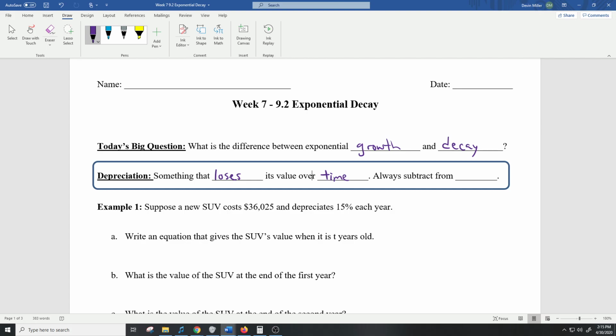Whenever you do this, we're always going to subtract the number they give us from 100%. So it'll give us a depreciation of a certain percentage, and we subtract that from 100% to see how much value it's actually holding over time. And you'll see how that works when we go through a problem.